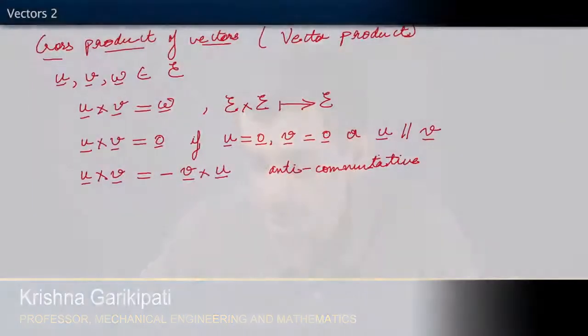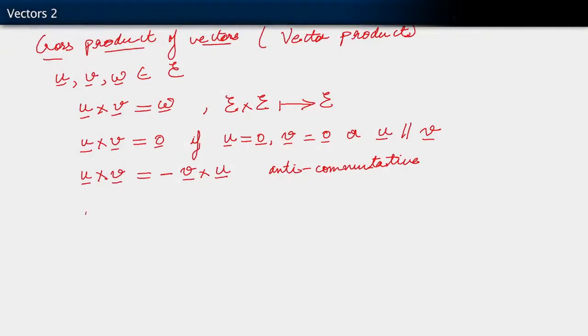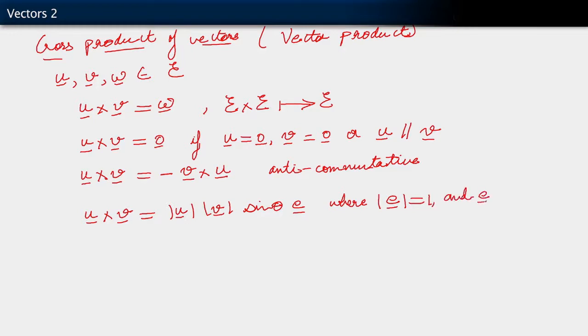In much the same way, we can write out u cross v as magnitude of u times magnitude of v times the sine of the angle between them times the following vector, a vector E, where E is a unit vector, its magnitude is 1, and E is perpendicular to u and v.